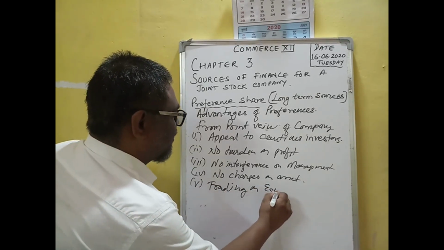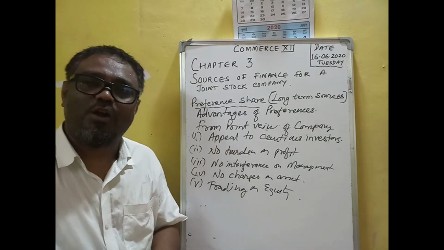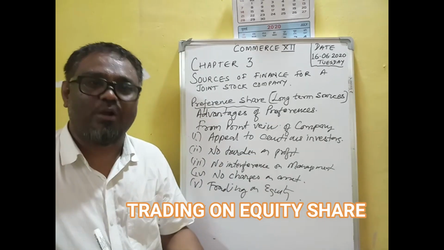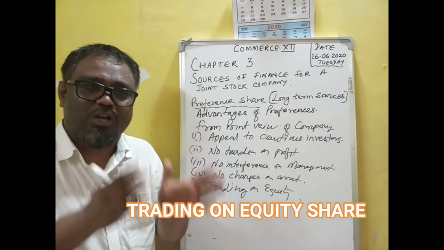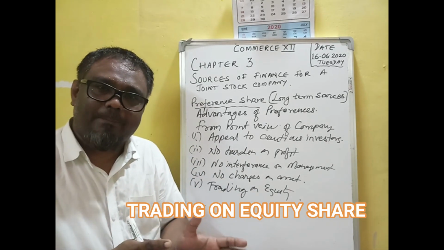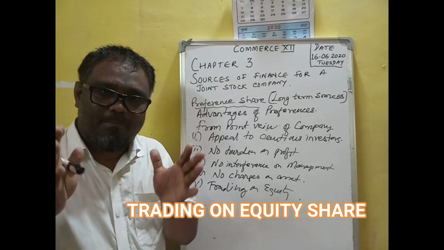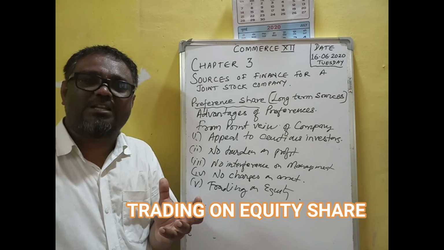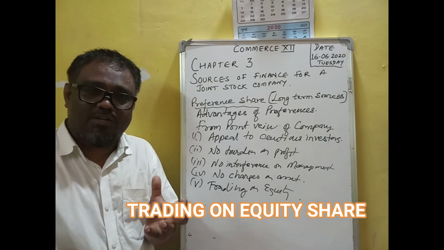Number 5, trading on equity. By utilizing the preference holders' money, equity shareholders can get more and more dividend. A company uses equity capital and preference capital also, but equity shareholders get more benefit by utilizing outside money, that is the preference holders' money.